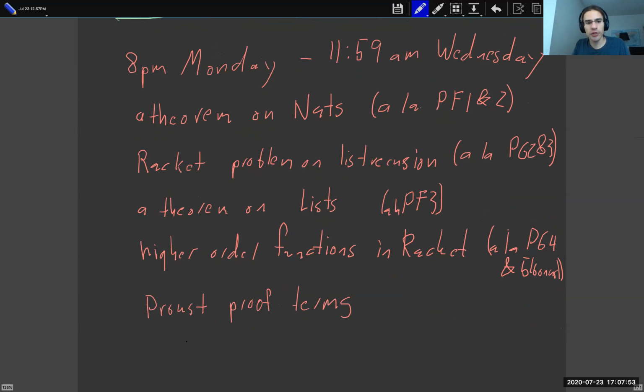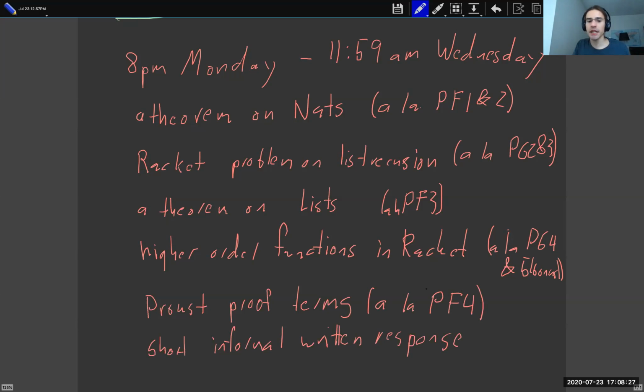And I'll ask a short written response question about Racket. And the assignment that I'm about to post on Proust will be known as PF4. So it's very important that you do PF4 this weekend.